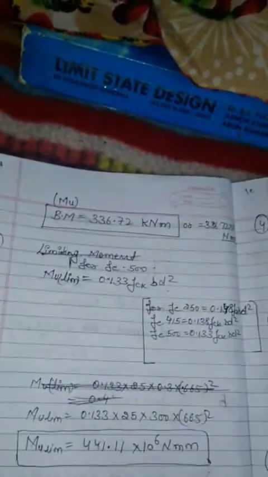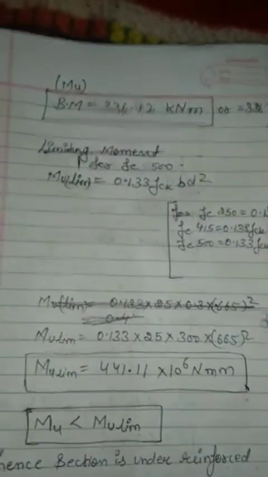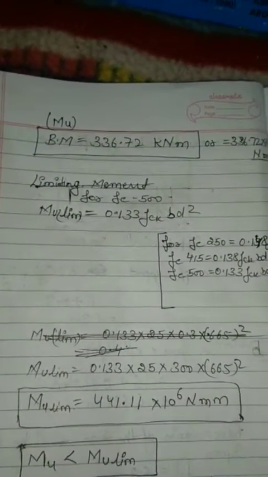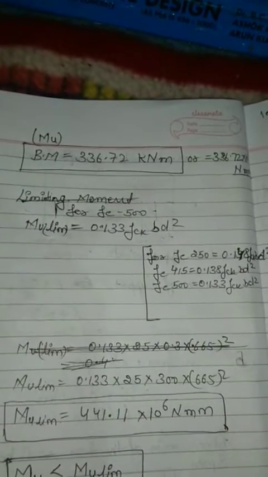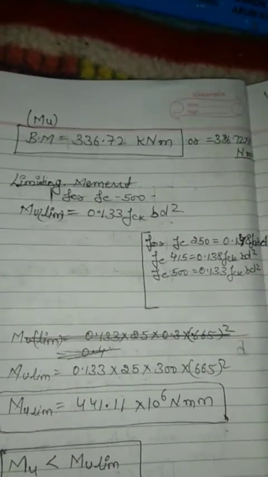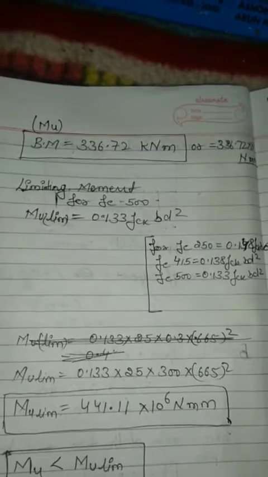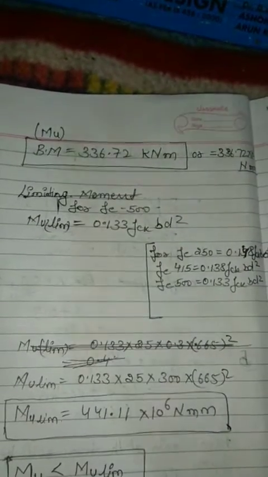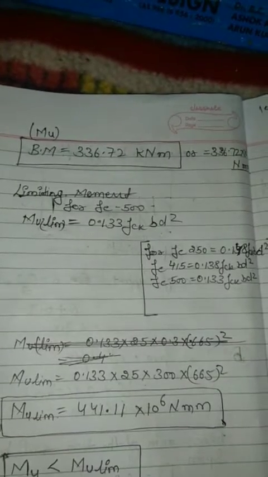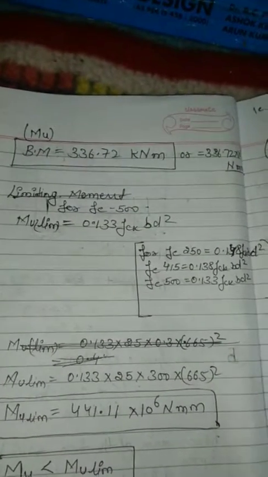Here in this numerical problem we are going to calculate limiting moment of resistance for Fe 500 steel. If you go through the basic formulas for RCC, you will find that the limiting moment of resistance for Fe 500 is equal to 0.133 fck bd square.